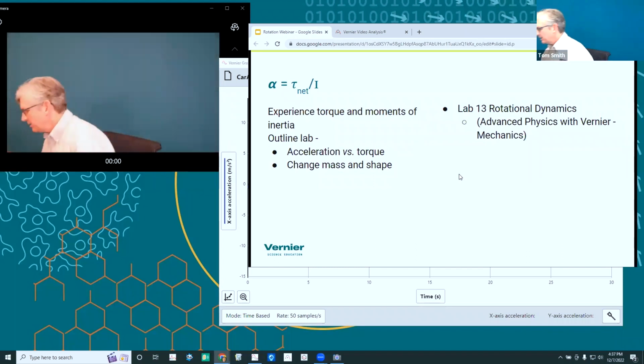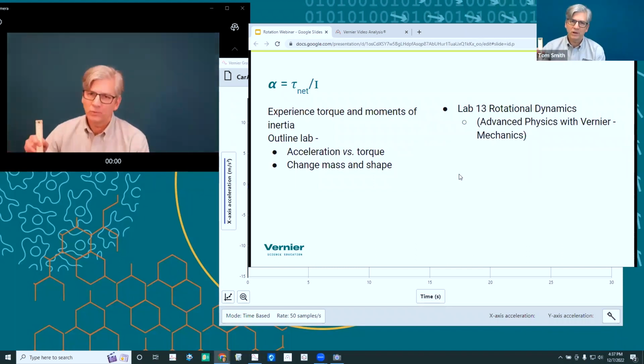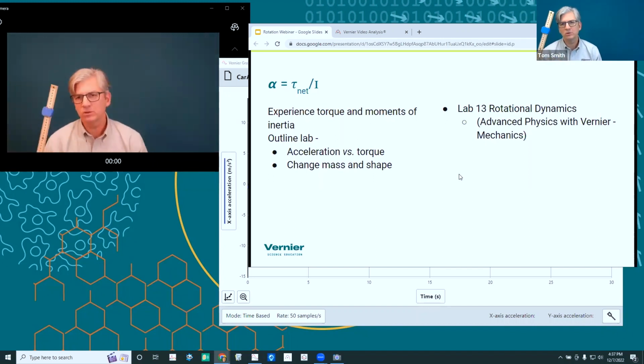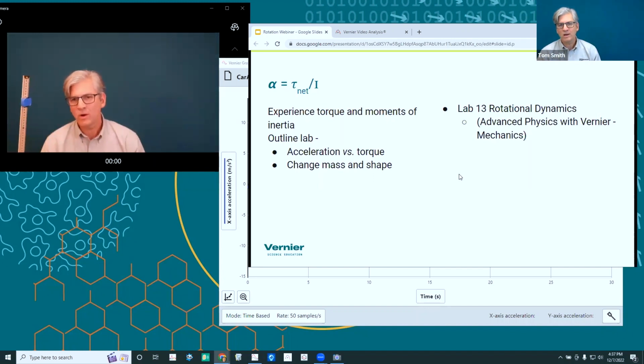It helped me when I was teaching to provide some means for students to viscerally get the sense as to how the shape of something affected how hard it was to rotate or not.